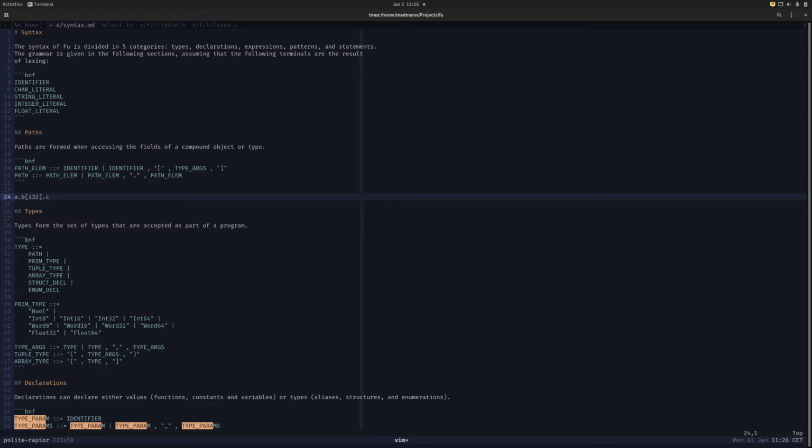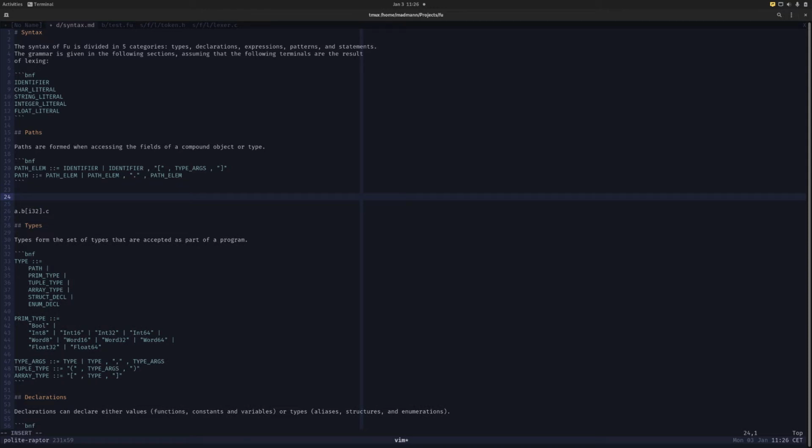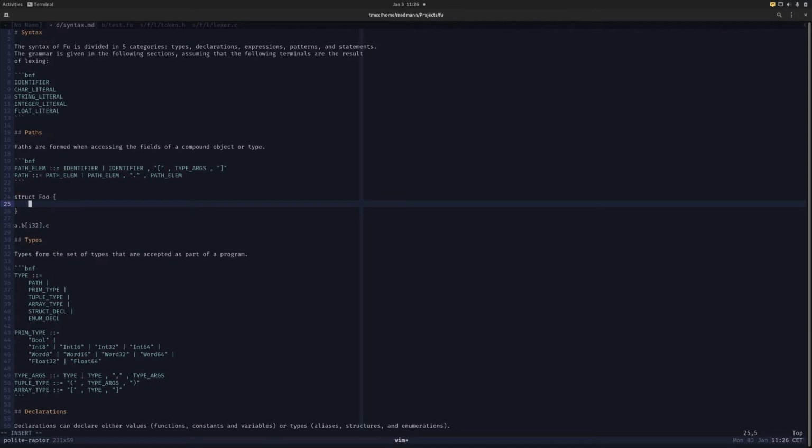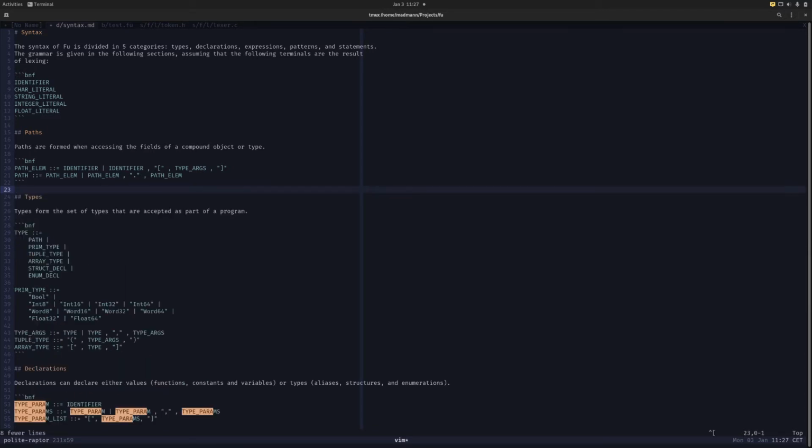This is a path. And of course, it is here because I want to have structures within structures. So I want to have something like struct foo. And then I want to have maybe a struct bar. And maybe I want to do foo.bar to refer to the inner type. But yeah, you get the idea behind this. So I think I can move on.